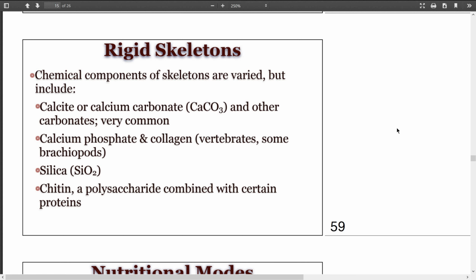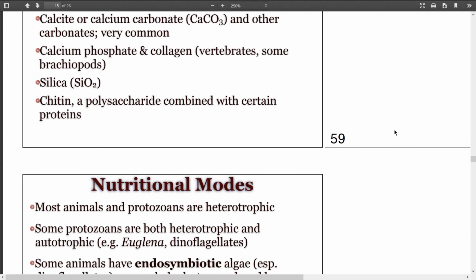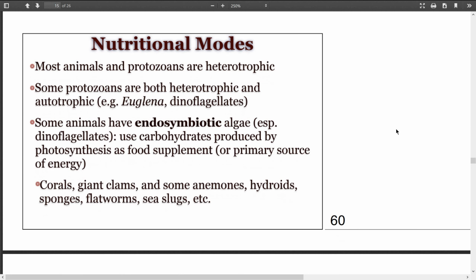All right. So with the skeleton done, let's move on to lunchtime food. All right. So when it comes to protozoans, and remember we haven't actually covered protozoans yet in lecture, when it comes to protozoans, and just about all animals are heterotrophic.